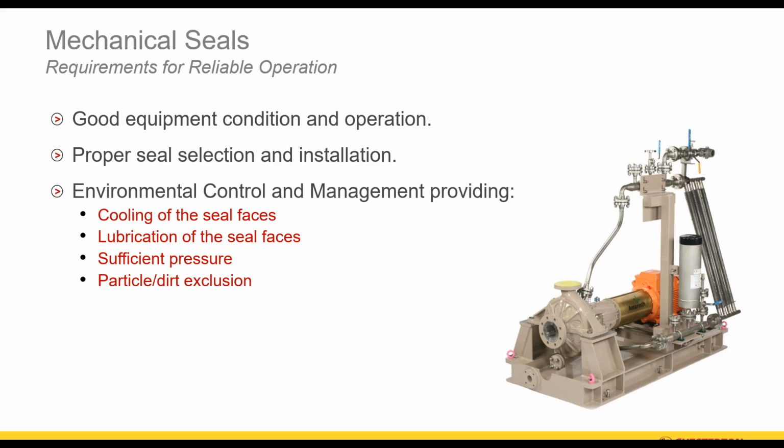Third, your environmental control and management scheme needs to provide proper cooling, proper lubrication, sufficient pressure, sufficient flows, as well as excluding particulates and dirt that can interfere with how the mechanical seal works.